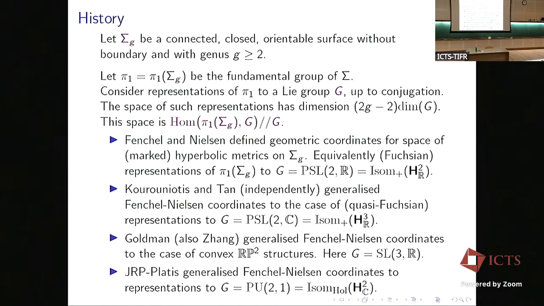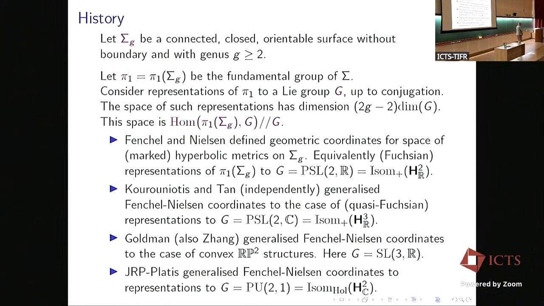So this is what we're going to be talking about, this construction. But then much later, in I think 1992 is the correct date here, Kouriotis and Tan, that's Christos Kouriotis and Ser-Peow Tan, they independently generalized Fenchel-Nielsen coordinates for Fuchsian groups. So these are subgroups in PSL2C.